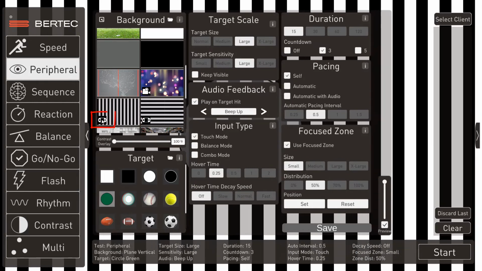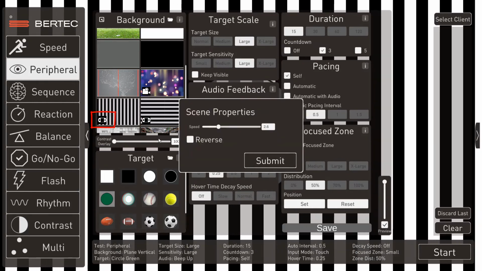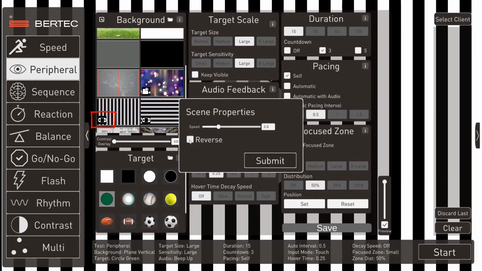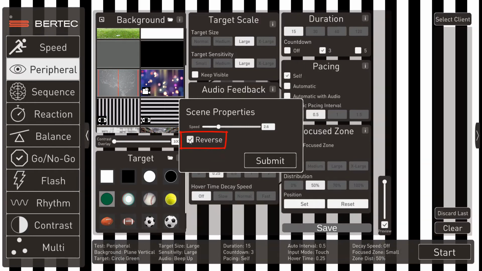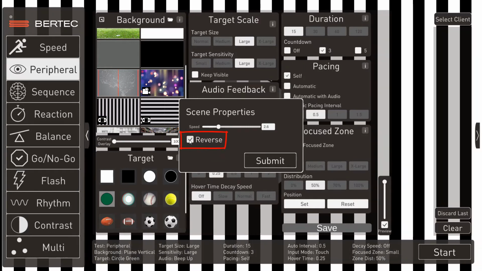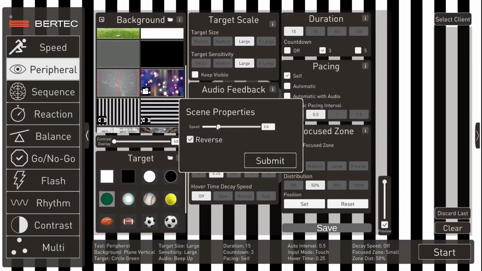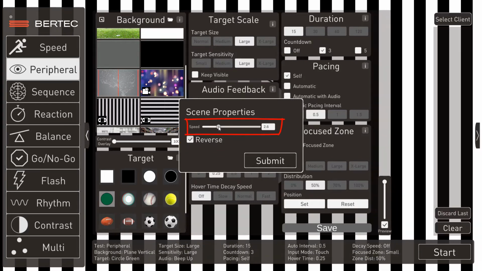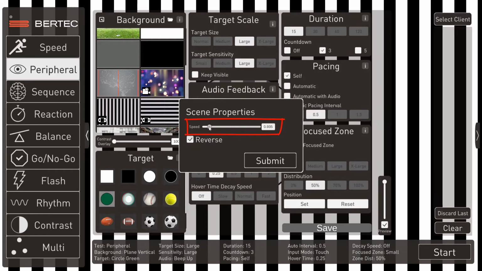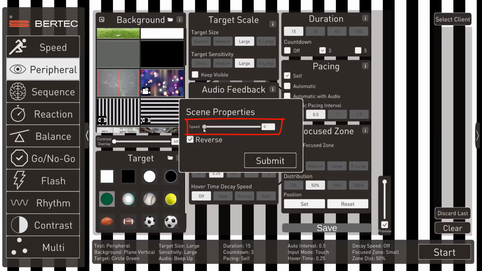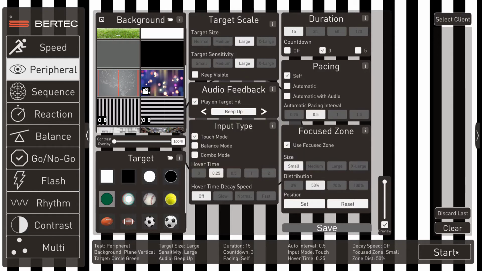We'll touch the little controller button, and that brings up our box, which lets us control both the speed and direction of the stripes. It's often a good idea to get a baseline of the OKN stripes without any movement at all, as they alone can sometimes be disturbing for some patients.